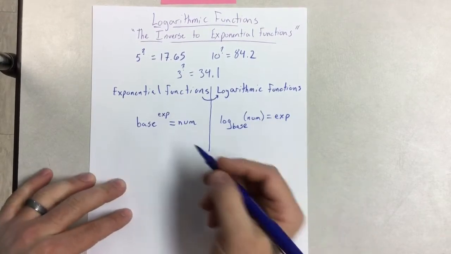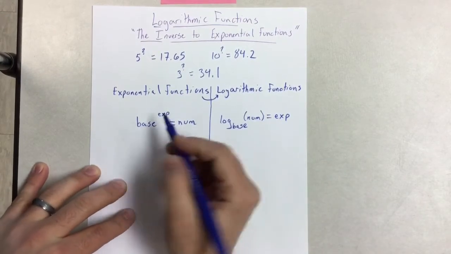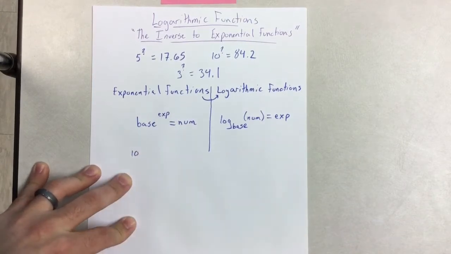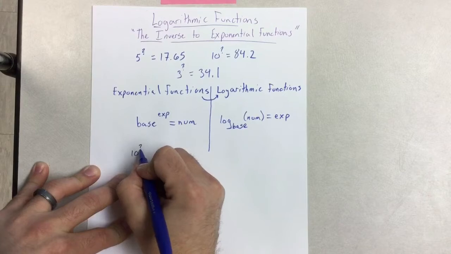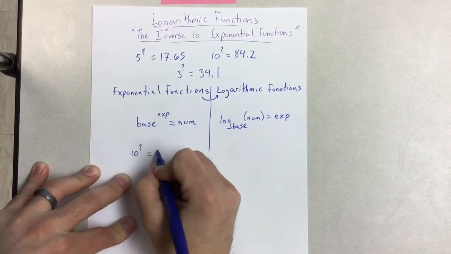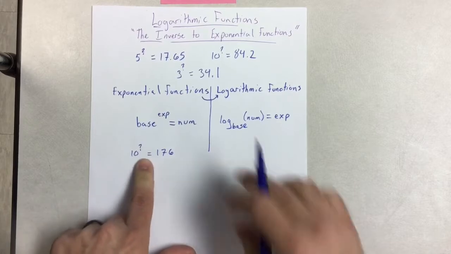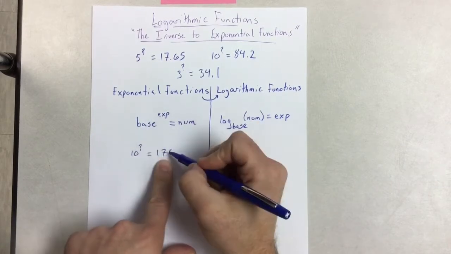So imagine we can look at a similar problem. I want to take 10 and raise it to some power and get 176 from this. Okay? So we have base, exponent, number.